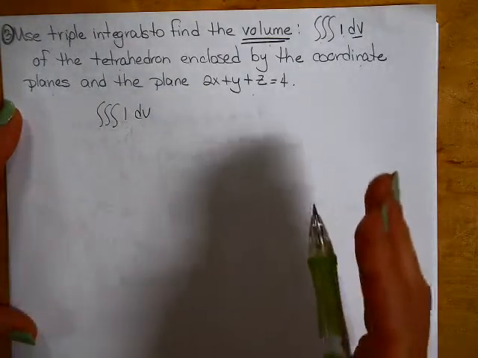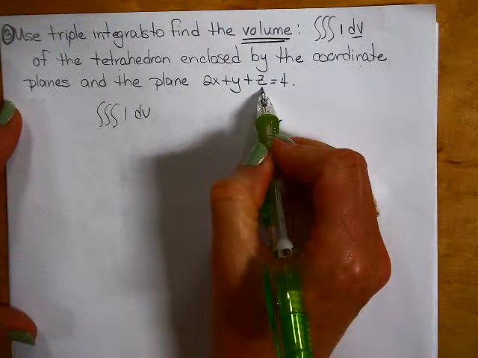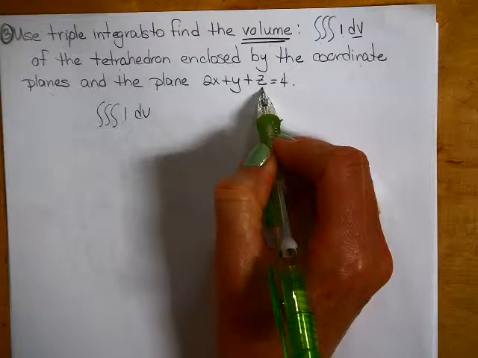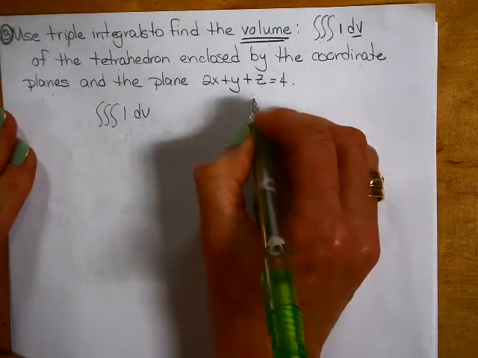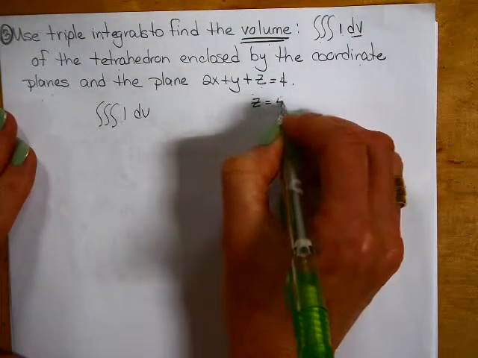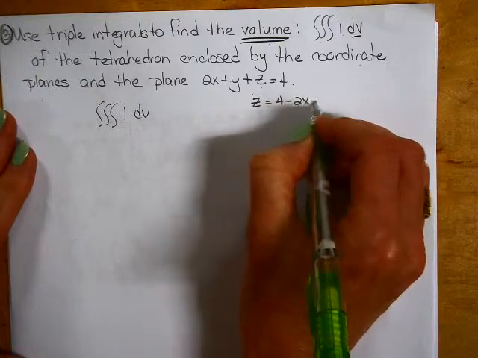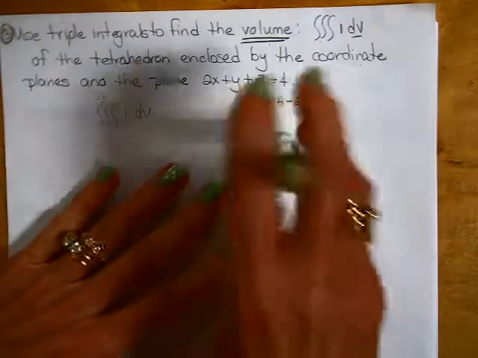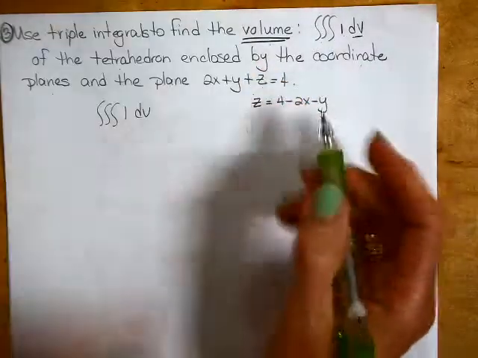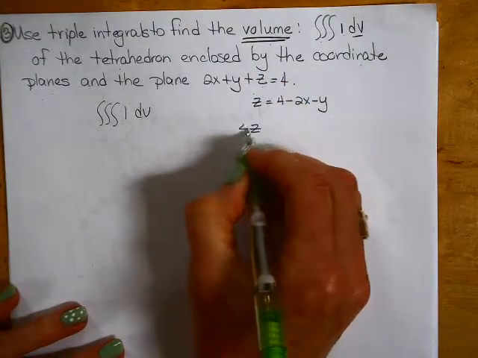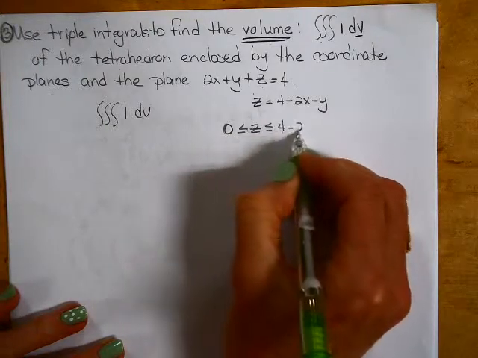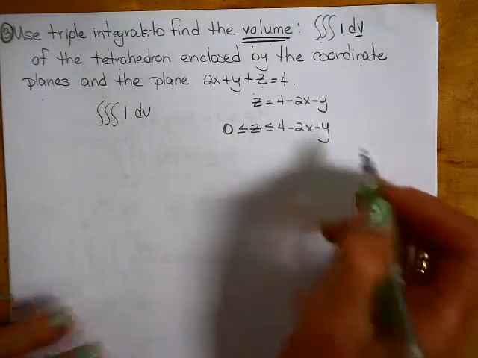So I know without graphing that when I solve this for z, that's going to be the top of my shape. If you solve this one for z, this is 4 minus 2x minus y. Then my limits of integration for z will be from the xy plane, which is 0, all the way to 4 minus 2x minus y.